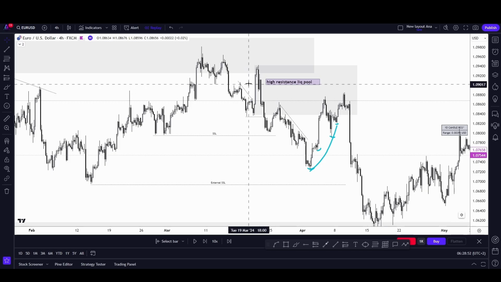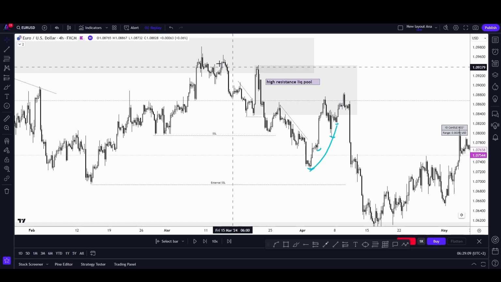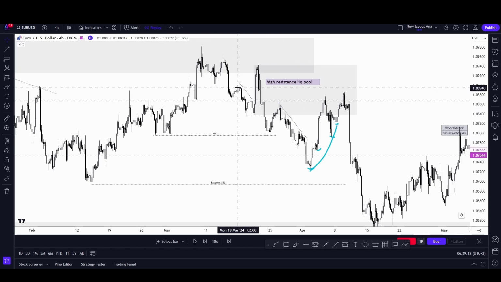So people get trapped by thinking that by having this push on the upside, for example, here, price is shifting structure and we are becoming bullish. But the reason why they think that is because they lack the higher time frame picture and they don't understand what is happening on the higher time frame.